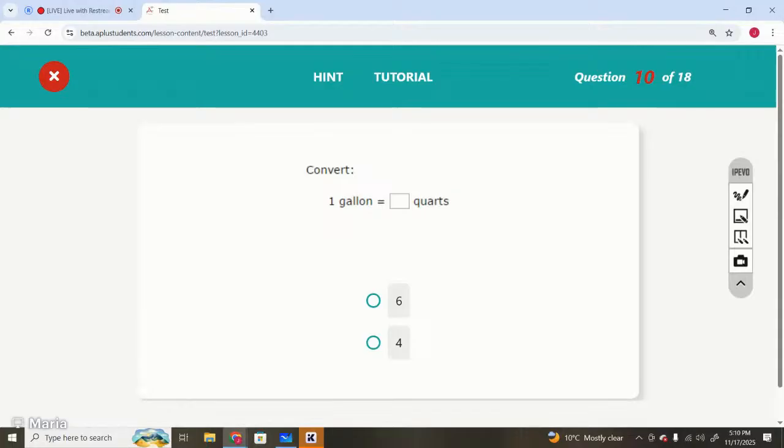Option number 2 is the correct option. 1 gallon equal how many quarts? 1 gallon equal 4 quarts. Option number 2 is the correct option.